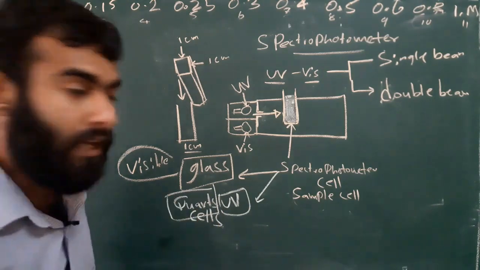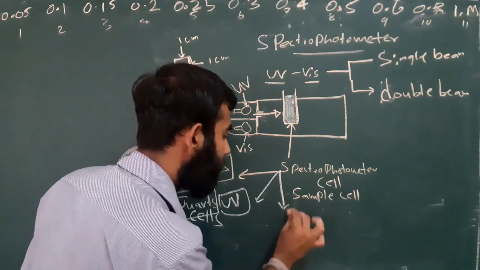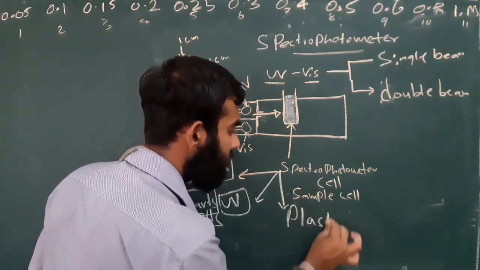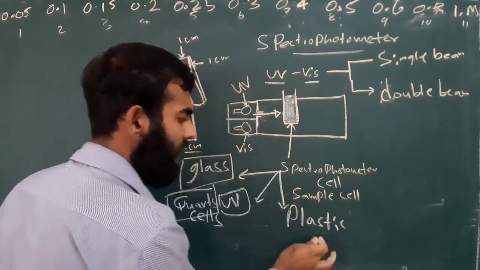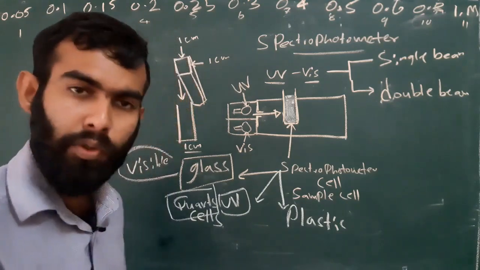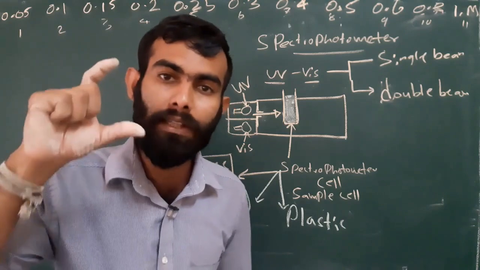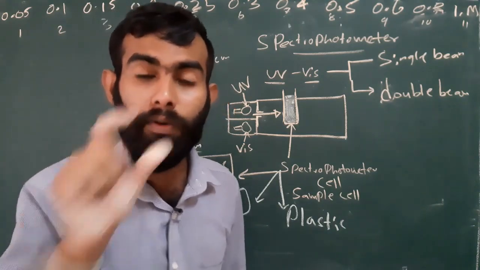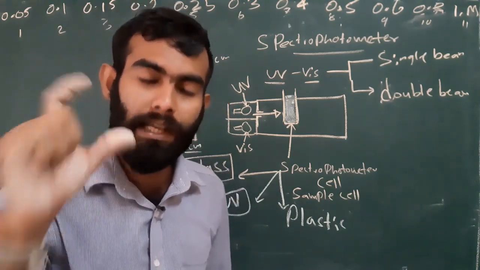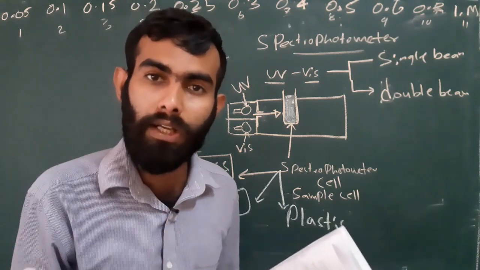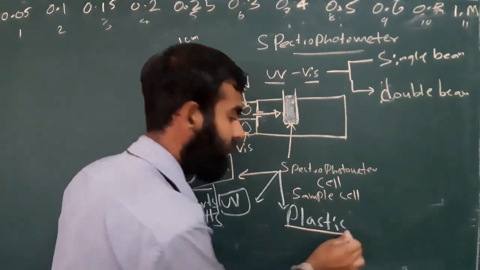There is another type of cell also, made of plastic. However, these are not commonly used. When we are using aqueous solutions which contain only water, we can use plastic cells.